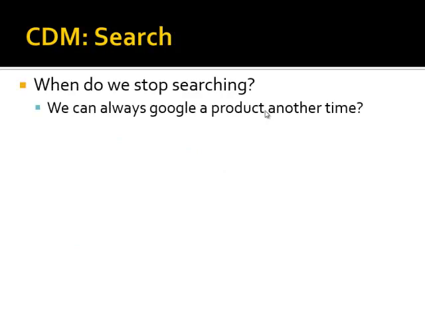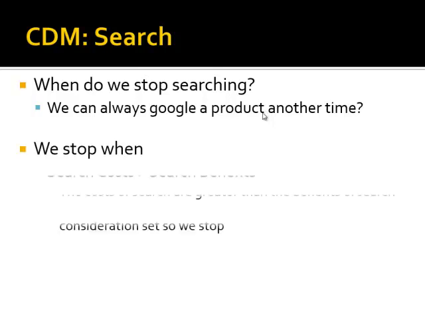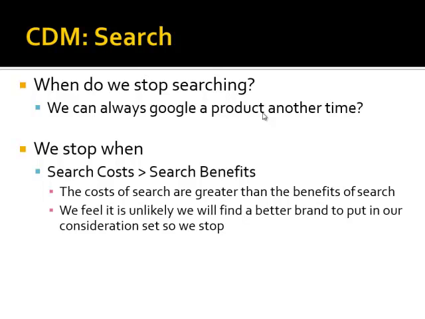Now, the last question is, when do we stop searching? I mean, we can always go on the web, Google a brand, a type of product, and see if there's something new or an existing brand at a better price. We stop searching when the costs of search outweigh the search benefits.